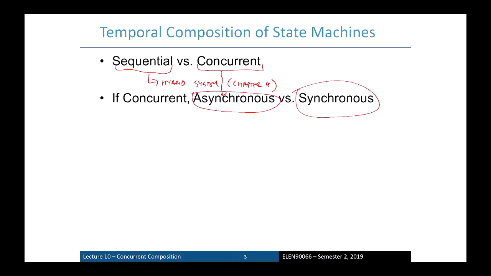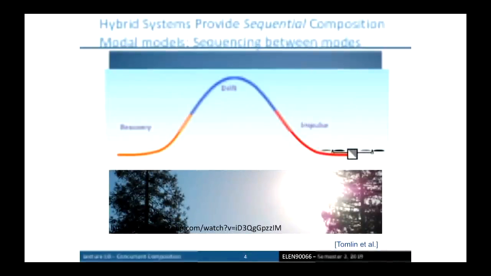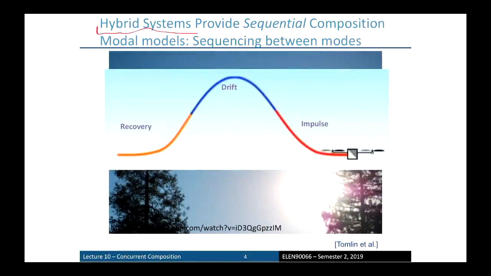Who reacts if the overall state machine has to react? Okay, if we're composed of multiple state machines. So we've got some interesting questions to consider. All right, so once again, our hybrid systems we're not going to be looking at, Chapter 4, if you are really interested.